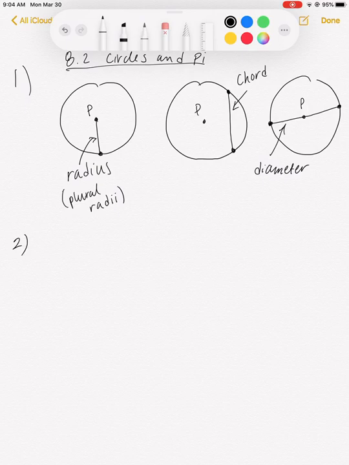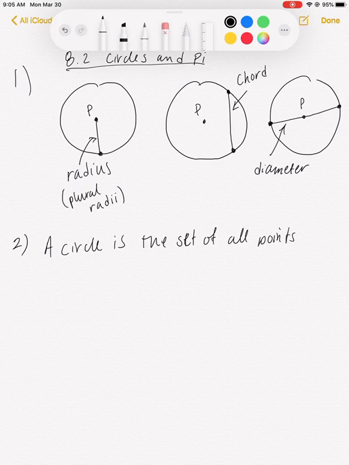The definition of a circle, we haven't stressed this too much in this class as much as I'd like. The definition of a circle. A circle is the set of all points the same distance from the center.